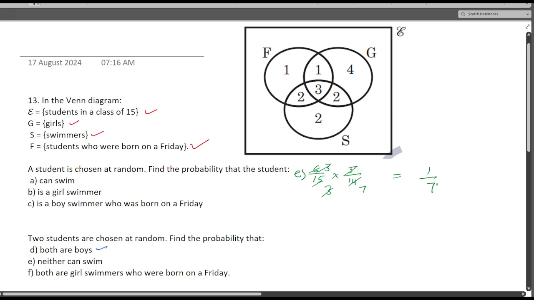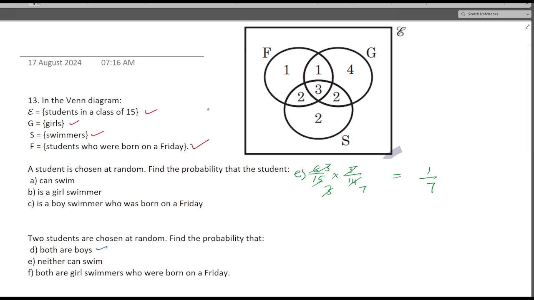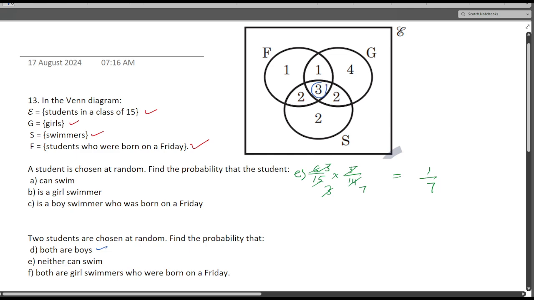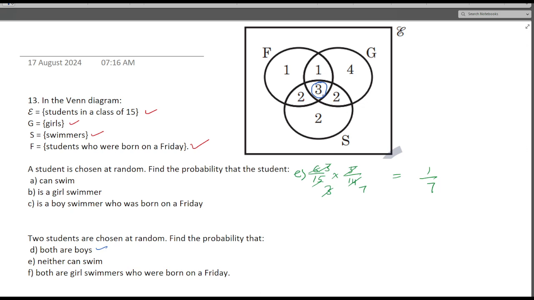And last F, both are girl swimmers who were born on Friday. Now both are girl swimmers, born on Friday. So this 3, if you see, this 3 represents that the student is a girl. Also it represents that the student was born on Friday, and also it represents that the student is a swimmer. So now both are girl swimmers.